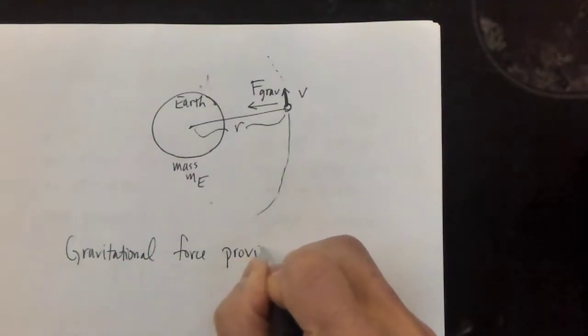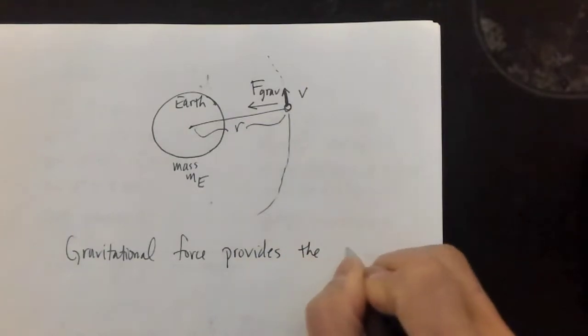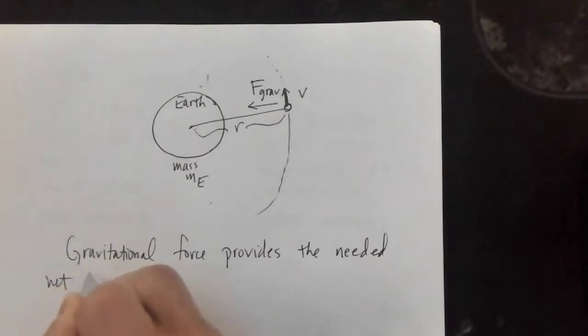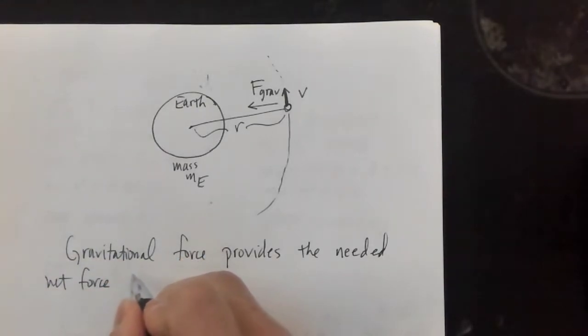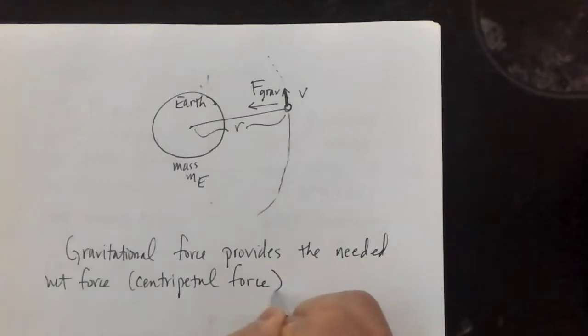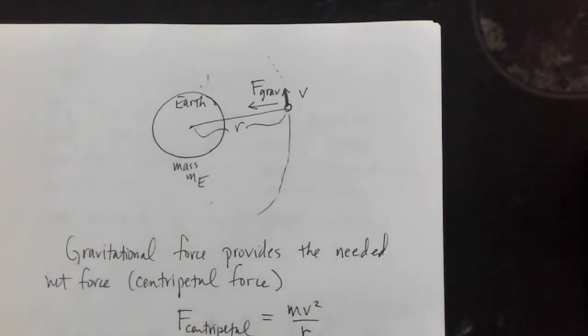So the gravitational force provides the needed net force. And this also comes by the name the centripetal force, and it has the value F centripetal equal to mv squared over r.